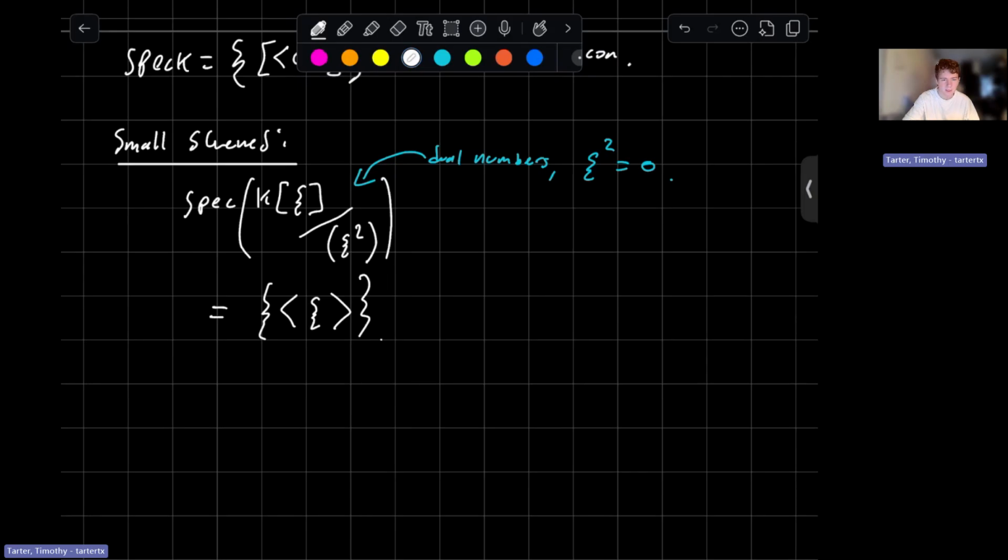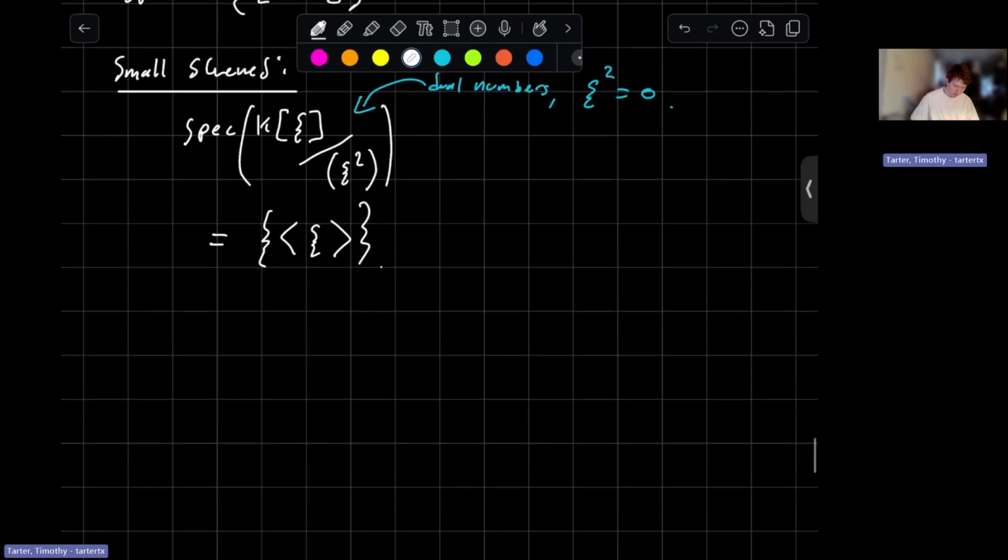It's helpful to think of Spec A as an infinitesimal thickening of a point.